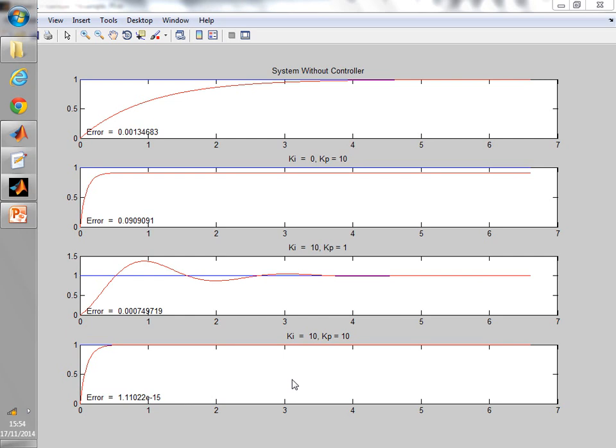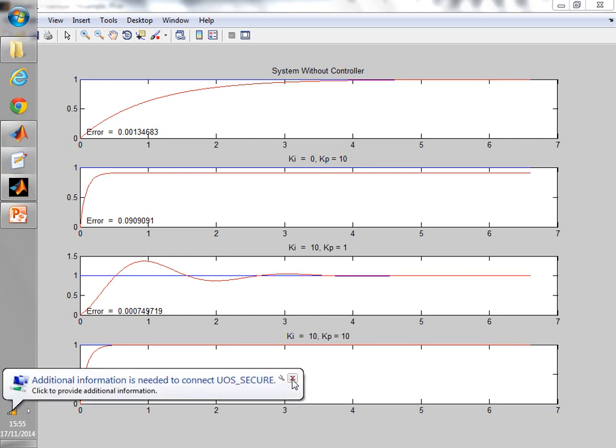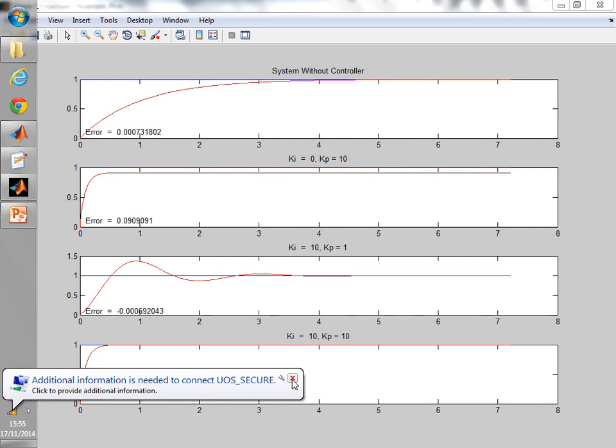PI controller. As you see, for the step input, for the system without control, the rise time is almost 3 seconds. I don't have any overshoot because the system is first order. If I use just Kp, I make the system much faster. The rise time is almost 0.2 seconds or 200 milliseconds.